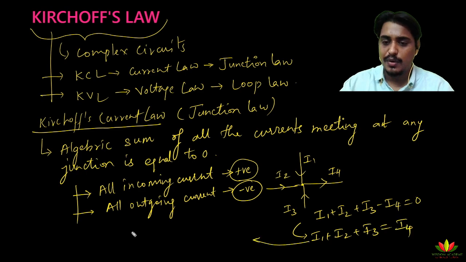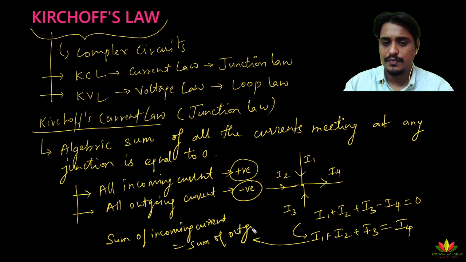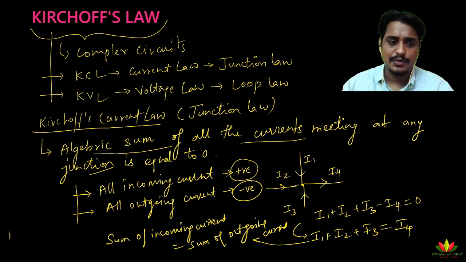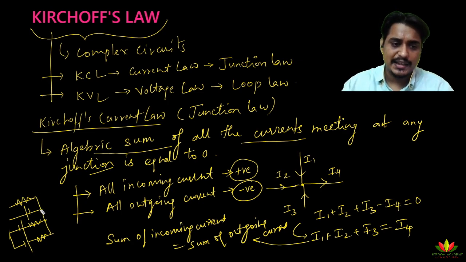What it means is that the sum of incoming currents becomes equal to the sum of outgoing currents. So remember that Kirchhoff's current law says the algebraic sum of all the currents meeting at any junction is equal to 0. Suppose I have a complex circuit like this, and I'm taking this junction into consideration.